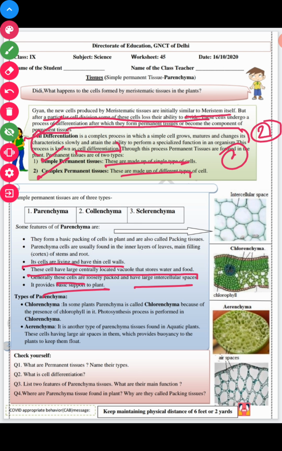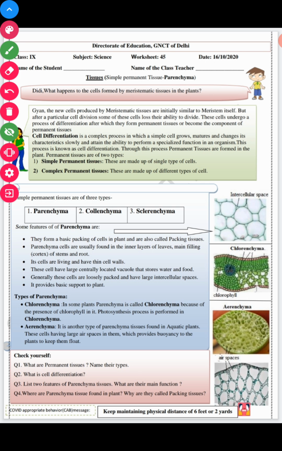You can write their functions. Main function, this is the same. You can write from here. They provide... See, we have these two features of parenchyma.